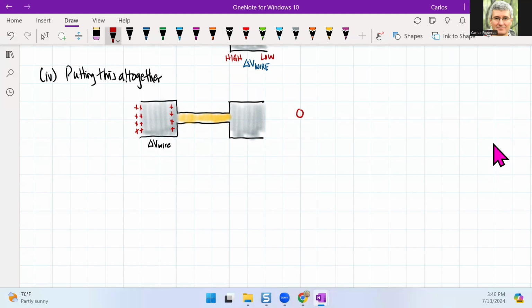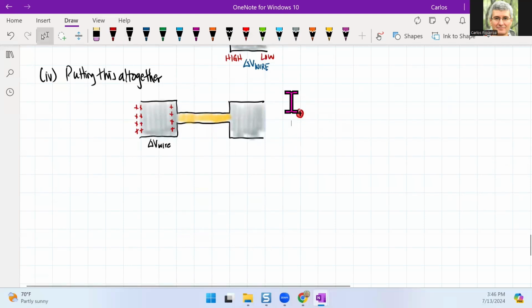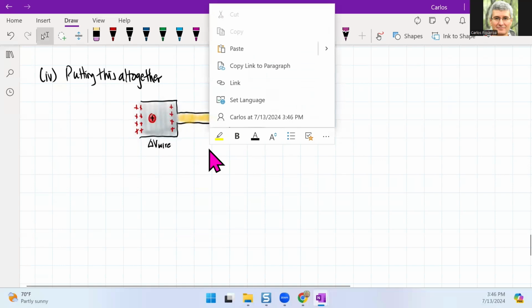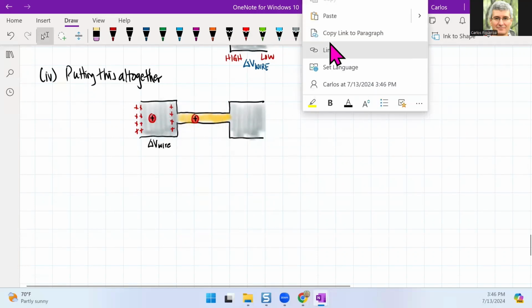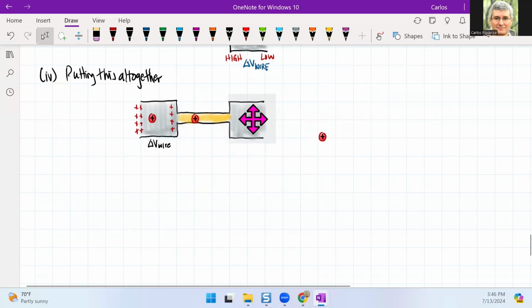I have 3 charges that I have to pay attention to. And here's what we're looking at. So I want to place this in 3 spots. So I want to go here, here, and then finally here.